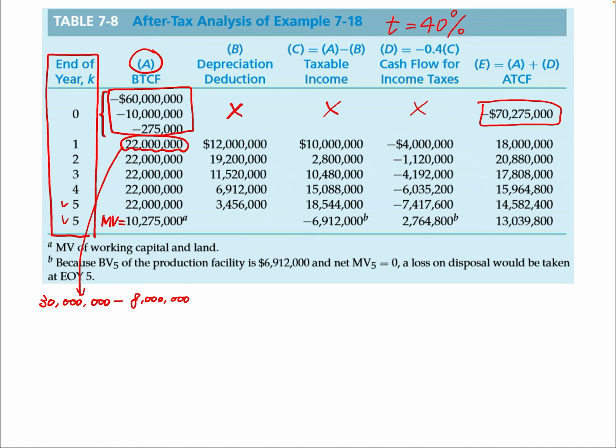And in the very last row for the MV, why do we have 10,275,000? Okay, this MV is from the piece of land and also the workforce. The people you hire, you need 10 million.